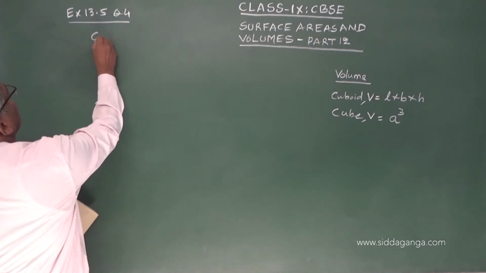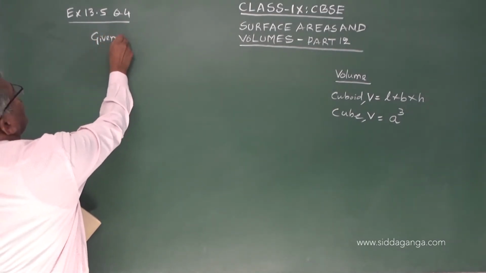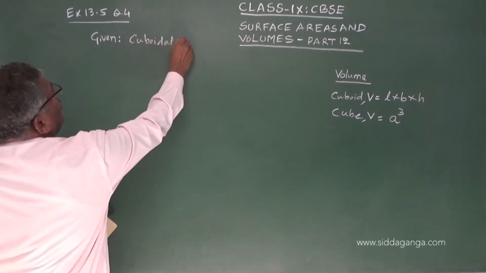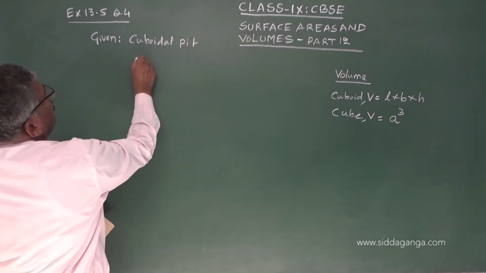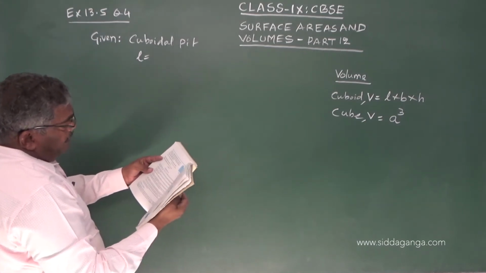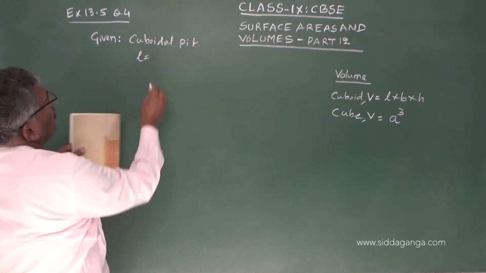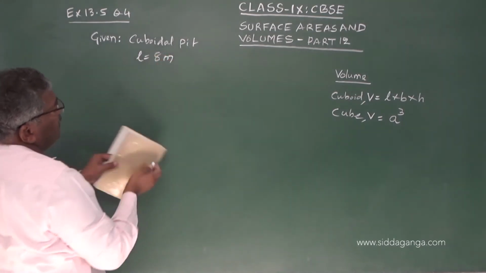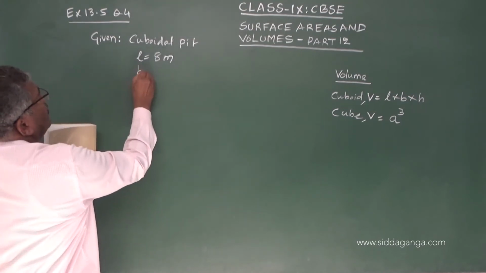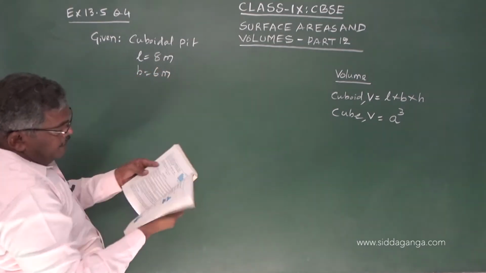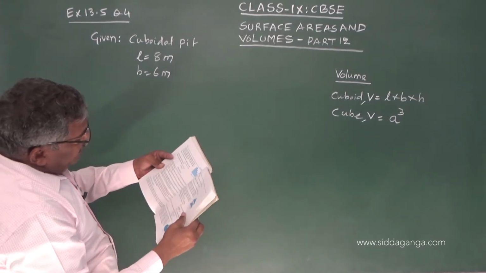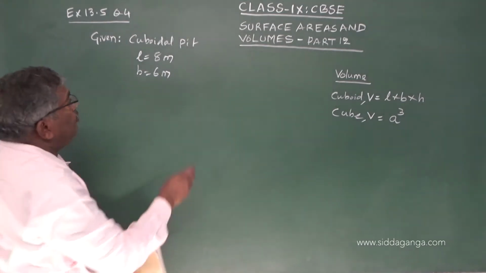Cuboidal pit, given. So dimension, length is equal to 8 meter long, 6 meter broad, B is equal to 6 meter, and 3 meter deep at the rate of rupees 30 per meter cube.